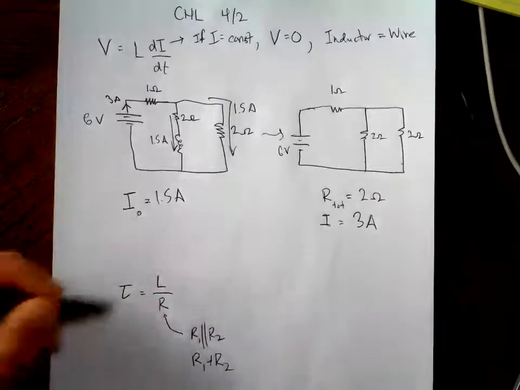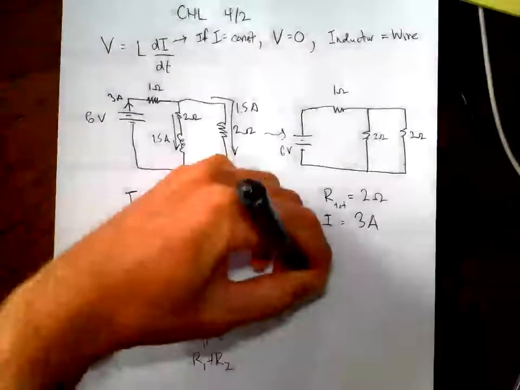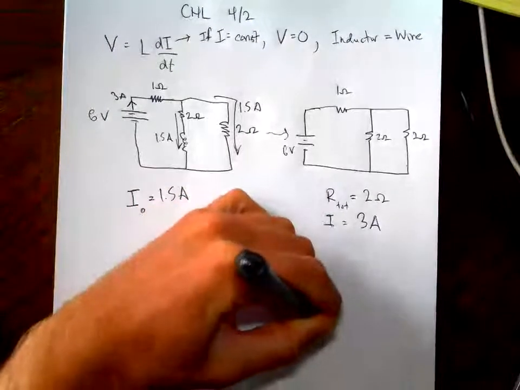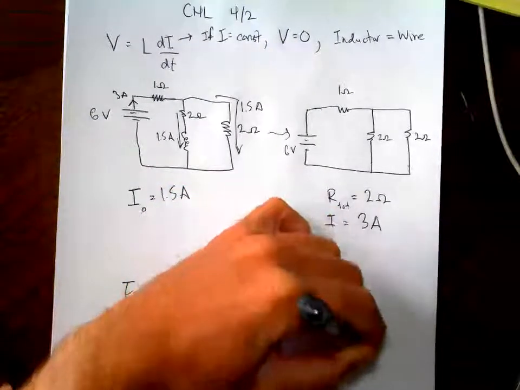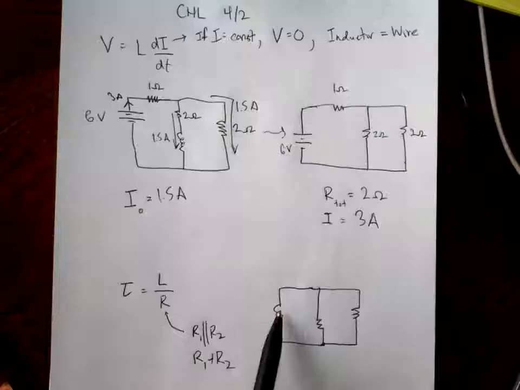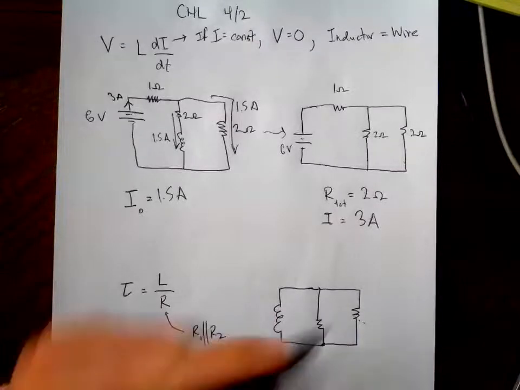So for example, if this were the circuit, then the inductor is discharging through the parallel combination of those 2 resistors, and so the time constant.